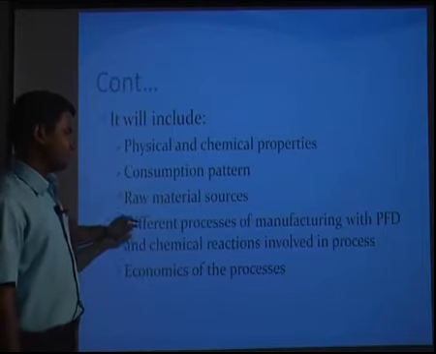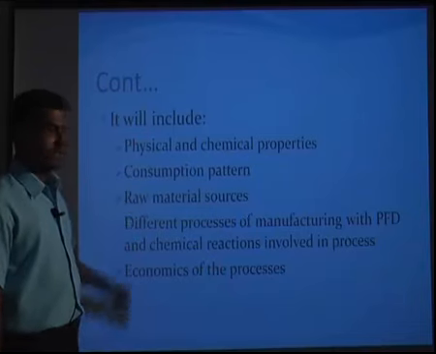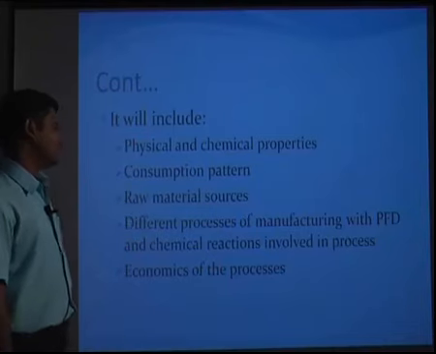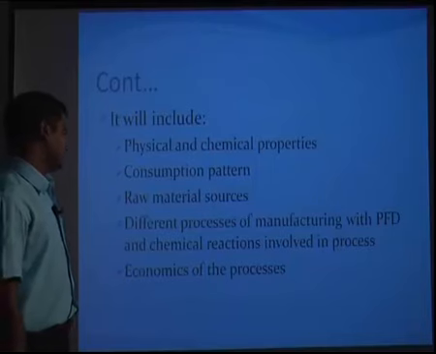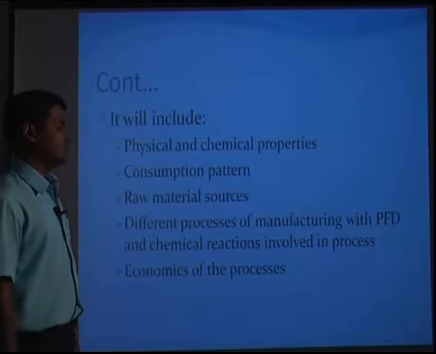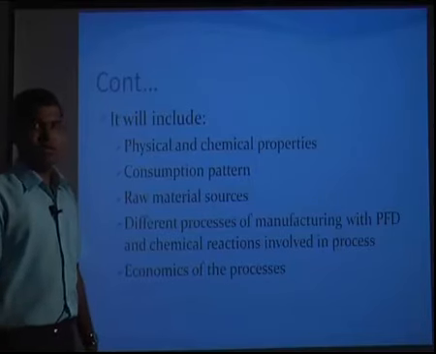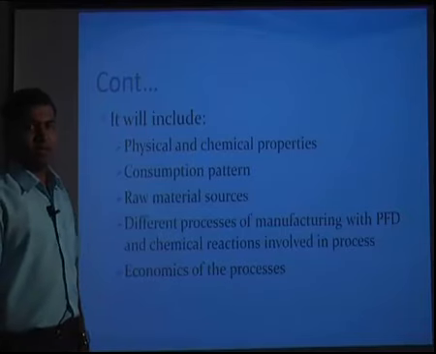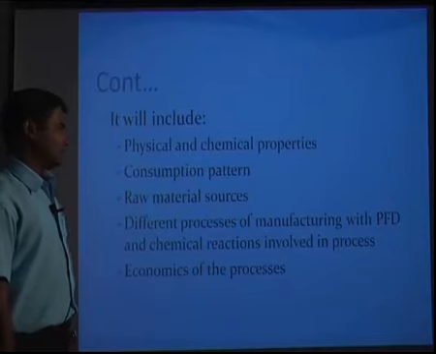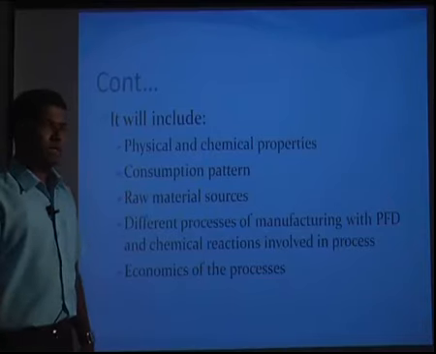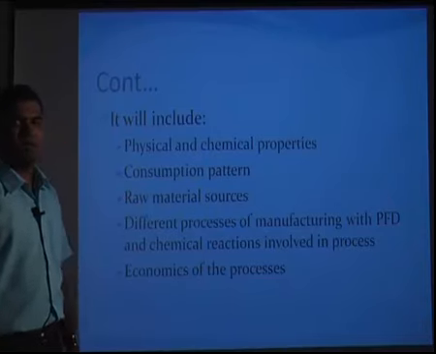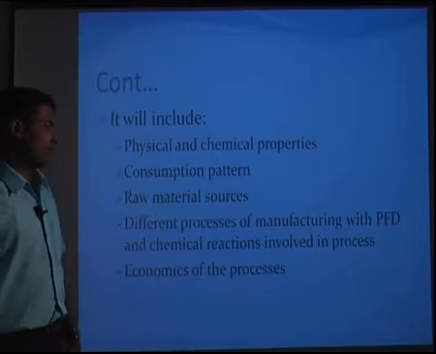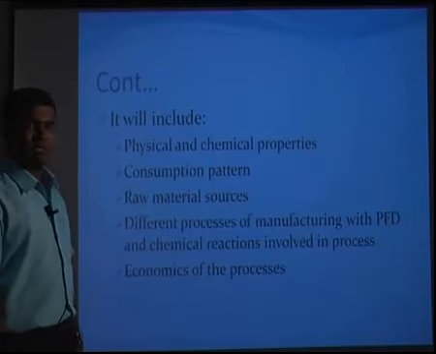Then there are many types of processes invented for that chemical, so we will see different processes of manufacturing with PFD and the chemical reactions involved. Here we will discuss each process with the use of PFD. PNID will not be covered; only the PFD will be discussed here. How to draw the PNID and its use is covered in subsequent subjects.